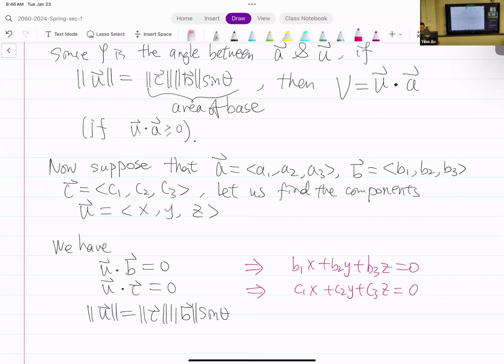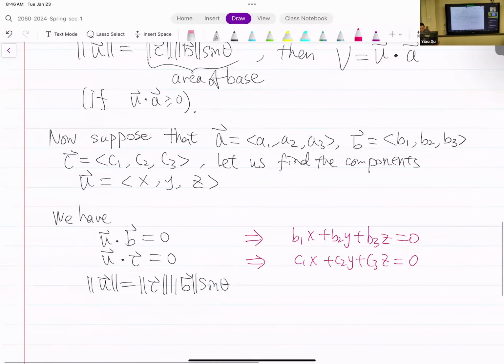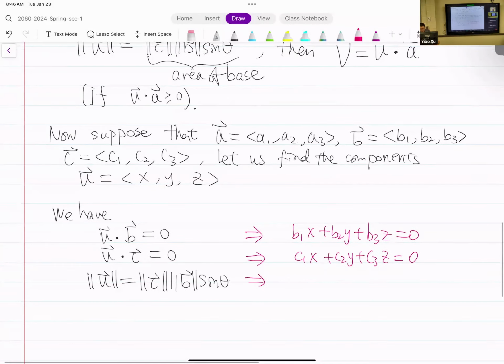Okay, so we see these are linear equations. The third one is a little bit more complicated, so let's square both sides, because we know that the magnitude is always under the square root, which is something we don't really want. So squaring both sides will get rid of the square roots.